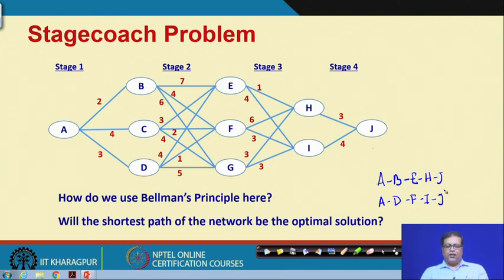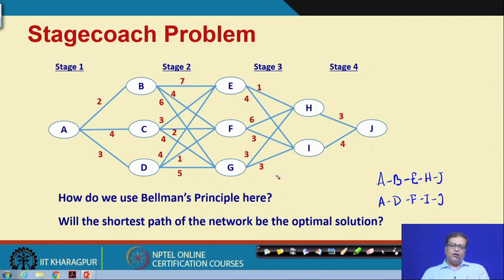So, if you recall in our previous class, what exactly I said is that assuming we have somehow come to a given city G. So, having come to G, irrespective of how we have come to G, we must now optimally complete our journey from G to J in the optimal manner, right.